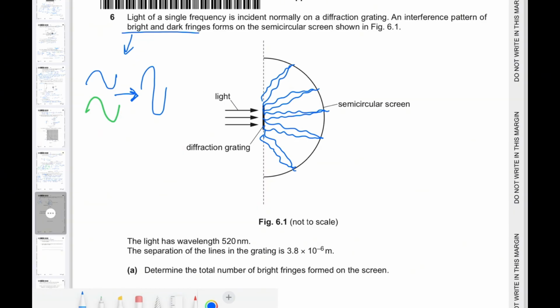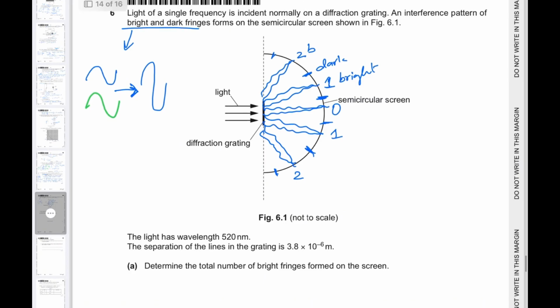So the central fringe has an order of maxima 0, and this will be the first one, and as you go further away, they will be numbered accordingly, and they are numbered separately on either side of the central fringe. So this is again a bright fringe, and alternately these areas will be the dark fringes. And similarly, you'll have the same pattern on the opposite side as well.